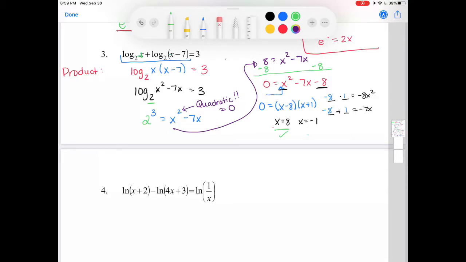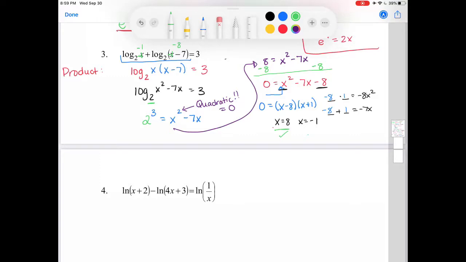But if I plug in a negative 1, let's see what happens. Negative 1, negative 1. And when I simplify that, I still have a negative 1 on the first log, and then I end up with a negative 8. Okay? It doesn't matter if one of those logs is negative and the other one's positive.